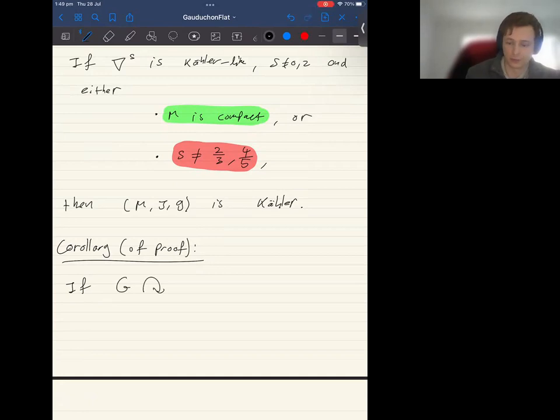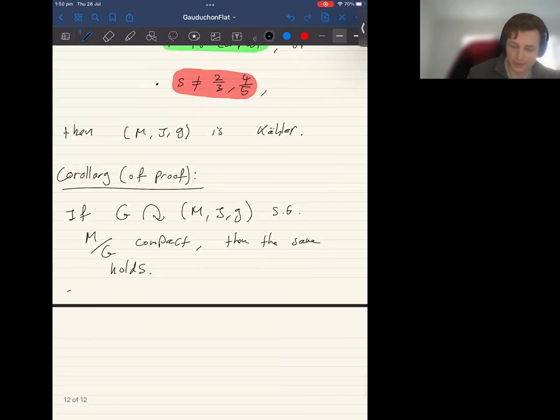Say we have a group acting on our Hermitian manifold such that its orbit space, or its fundamental domain, is compact, then the same holds. In particular, it holds when the orbit space is just a point. So it's a homogeneous manifold.